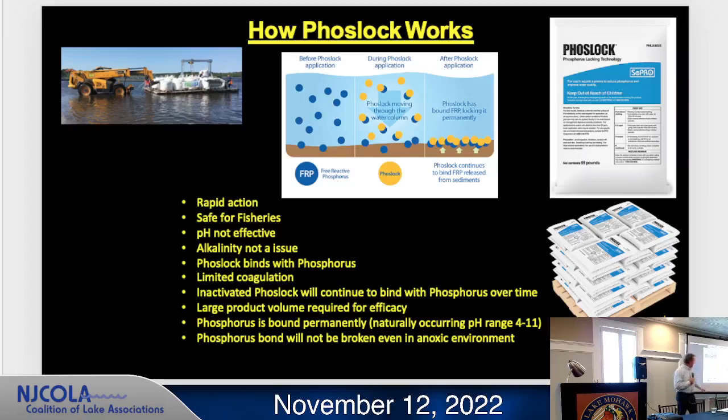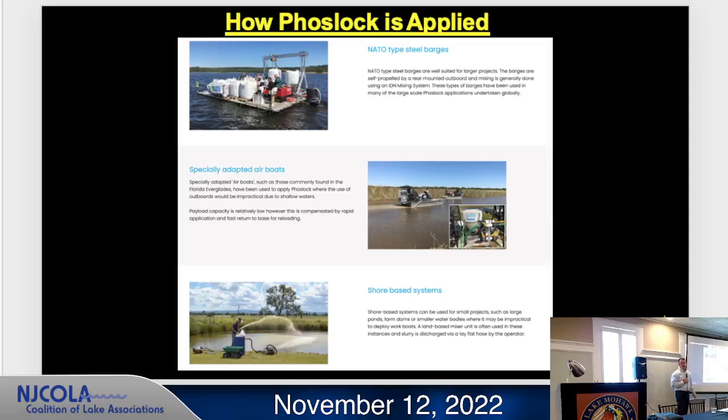For a small lake, this is a little rudimentary, it'd be a better application, but that's a small pond. So 1 acre to 40 acres is what I'm considering small. When you get to 100 acres, you're going to start increasing coverage and volume. It's based on volume, and it's also based on how much phosphorus you have.